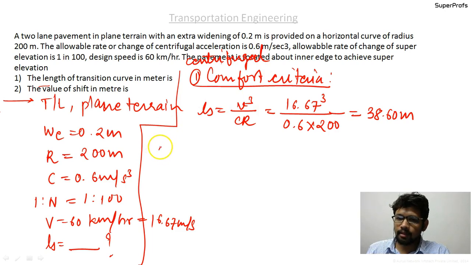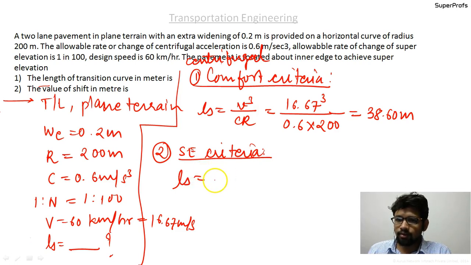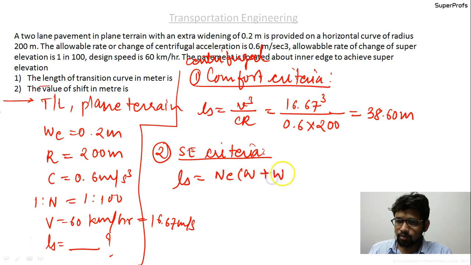The second one is the rate of change of super elevation criteria. According to this, the length of transition curve when rotated about the inner edge is given by the formula N(eW plus WE).